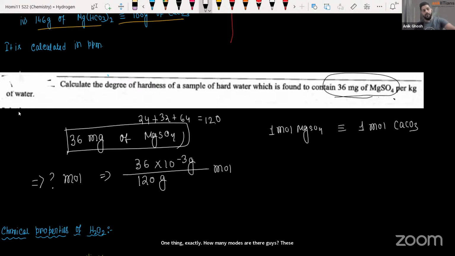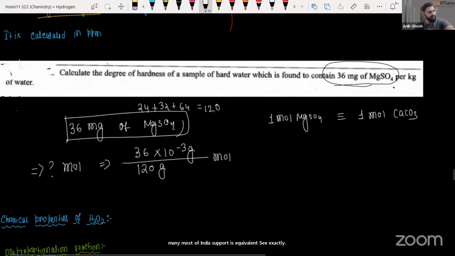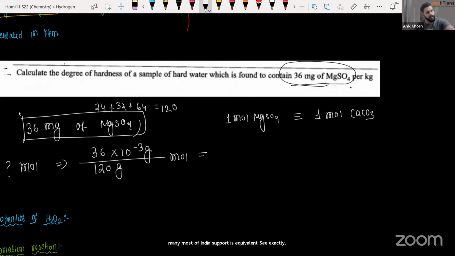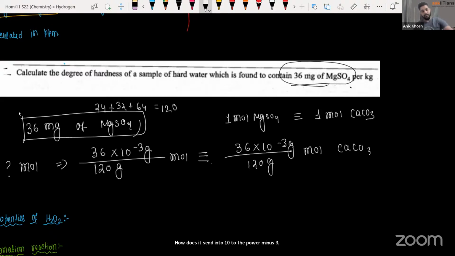These many moles of MgSO4 are equivalent to 36 into 10 to the power minus 3 grams divided by 120 grams. These many moles of calcium carbonate, because 1 mole of MgSO4 is equivalent to 1 mole of calcium carbonate. So what is the value coming to, guys? Calculate it and tell me.